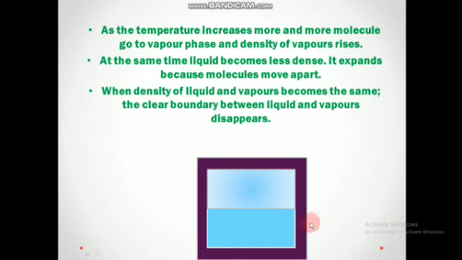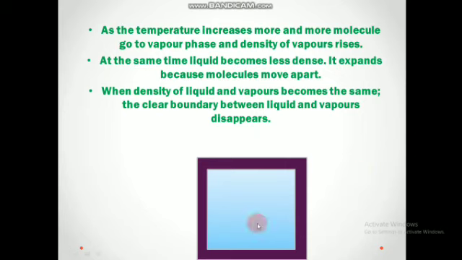When the density of liquid and vapor becomes almost the same, the boundary between the liquid and vapor disappears. So we will not be able to find out the boundary between the liquid phase and the vapor phase.